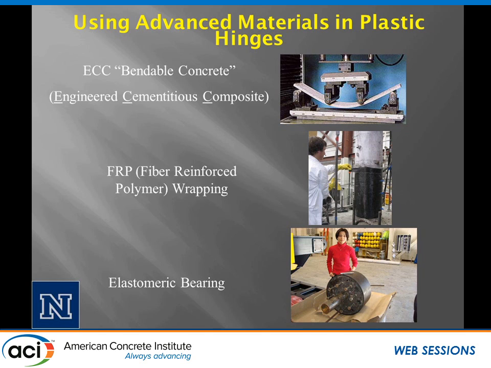So there's ECC, engineered cementitious composites. These things are incredibly ductile, amazingly so, and provide us with the ability to reduce the amount of spalling in the system and hold the system together better. Fiber reinforced polymers.